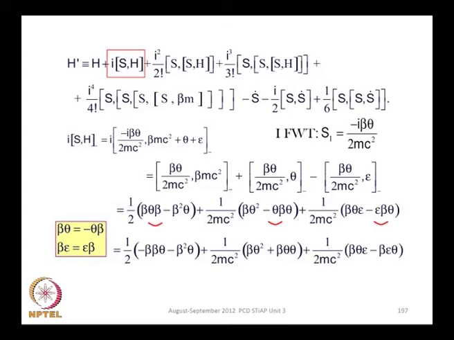Find out how these Dirac operators multiply each other. Theta beta is minus of beta theta. Beta theta is minus of theta beta, beta epsilon is the same as epsilon beta, but this is different. So you use the correct signs over here.